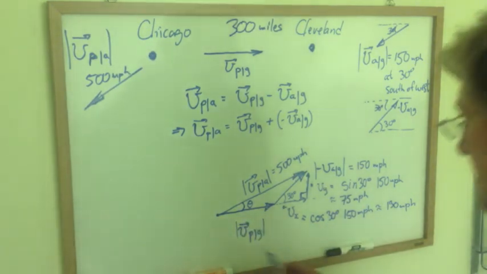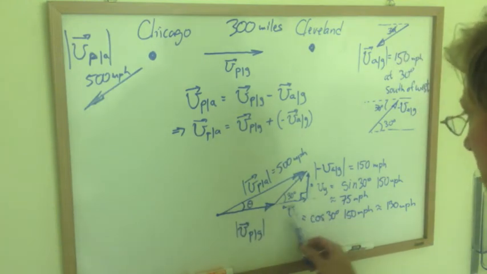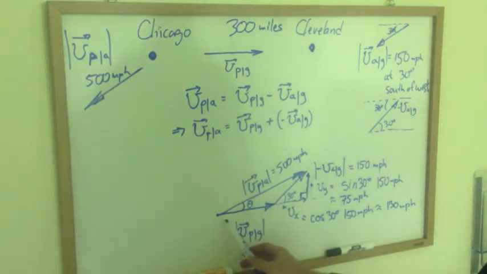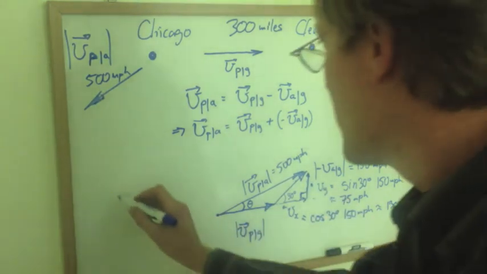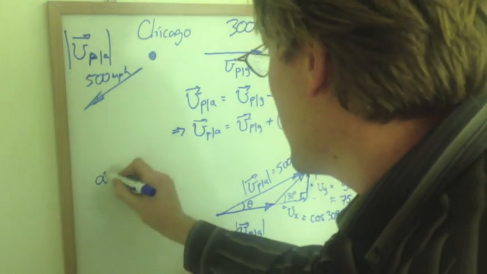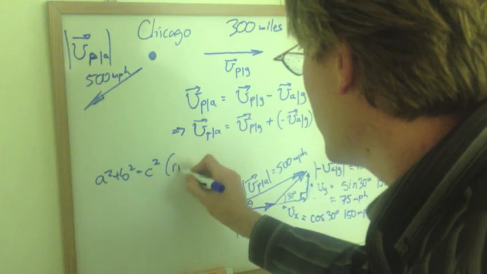So because this is a right triangle, we can use Pythagoras over this outer triangle. So we have a squared plus b squared equal to c squared for a right triangle.